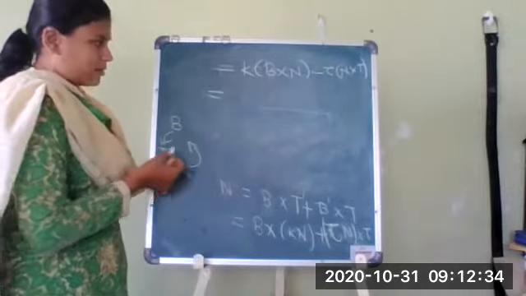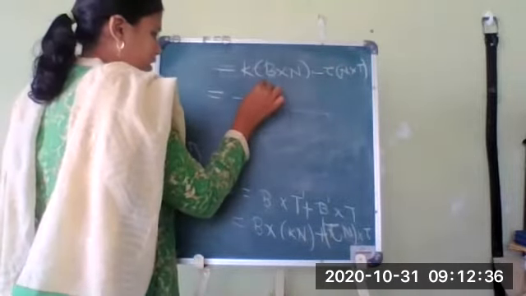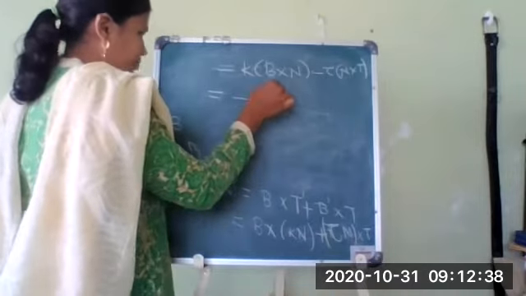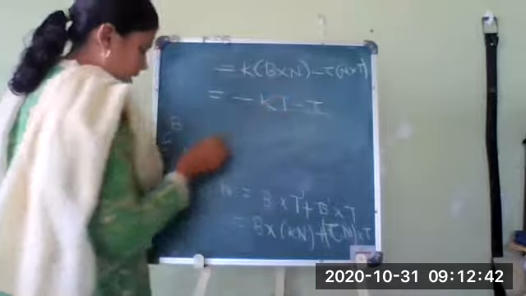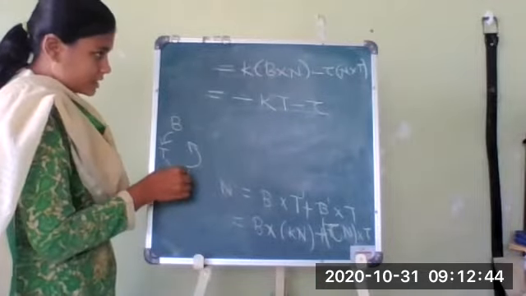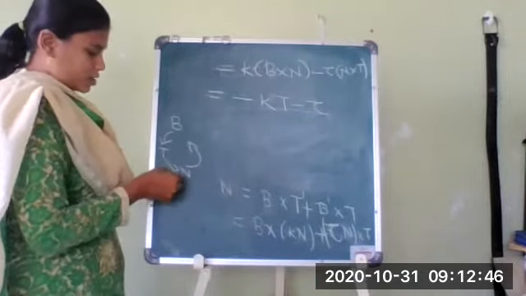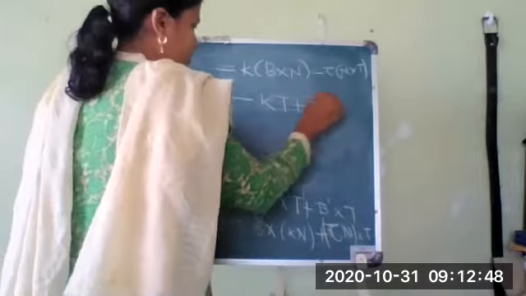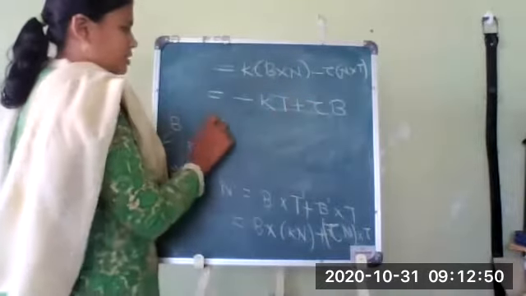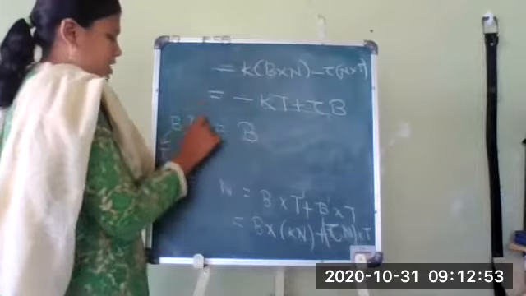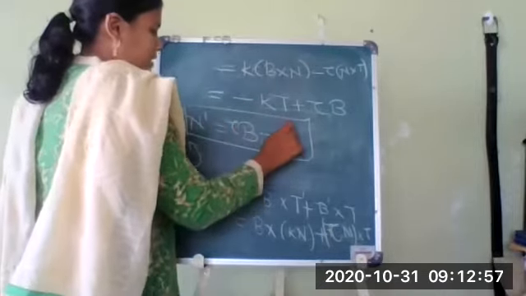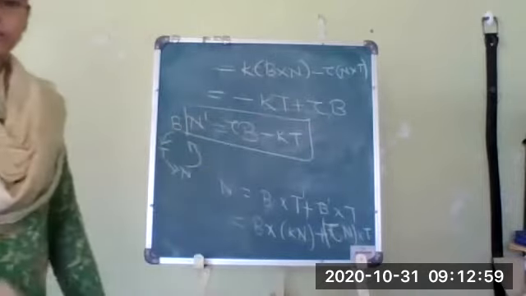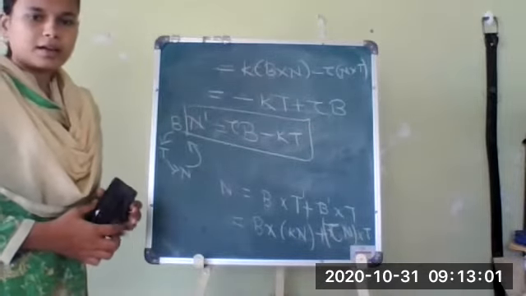As it is in reverse order, I have to write it with a negative sign, that is minus K times T, minus tau. What will be N cross T? As it is again in the opposite direction, N cross T will be minus of B. So minus minus becomes plus. So the formula for N' is equal to tau B minus K T. This is another formula for our Frenet apparatus.